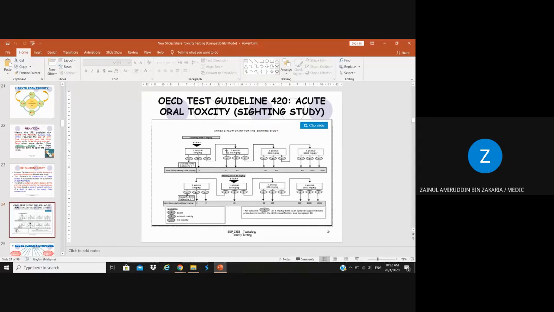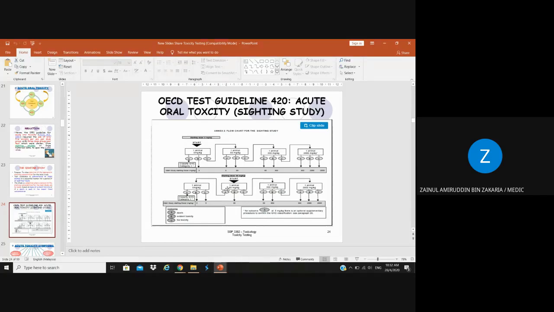Or you also can start with 50 mg per kg. If there is toxicity at 50 mg per kg, you do not proceed with 300 and 2000, but you reduce the dose to 5. If 5 causes no toxicity, then the dose that you will use in your OECD study is between 5 to 50. If there is a sign of toxicity, you can also use 5 to 50.